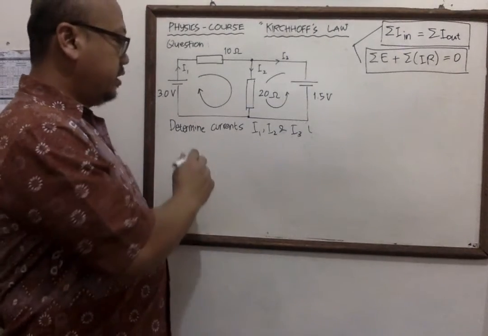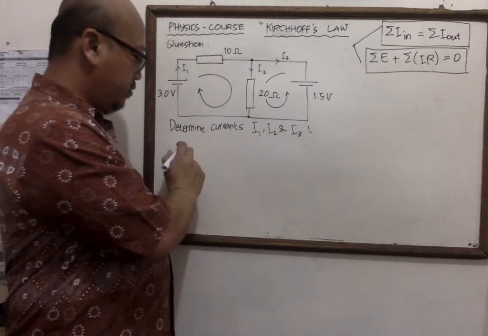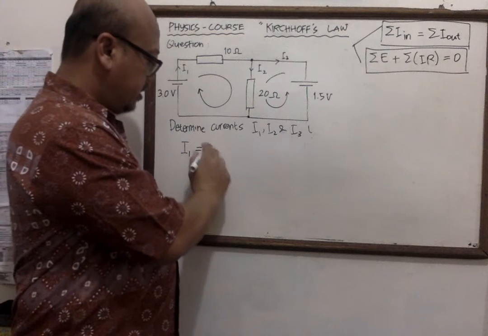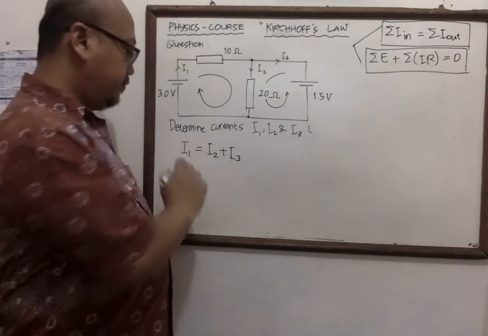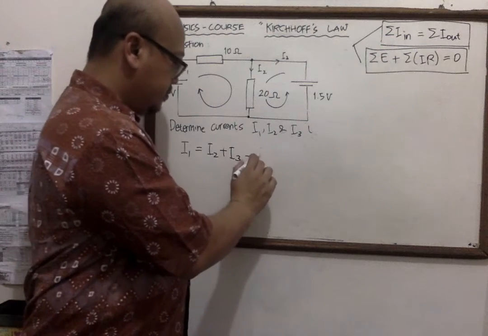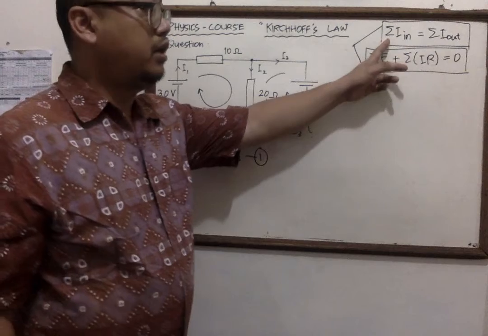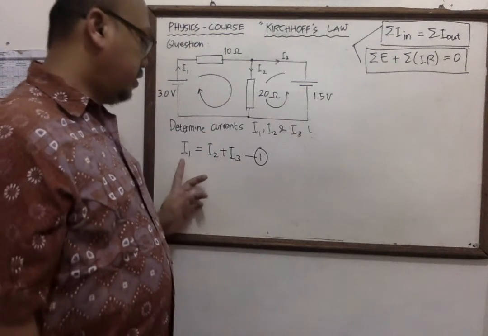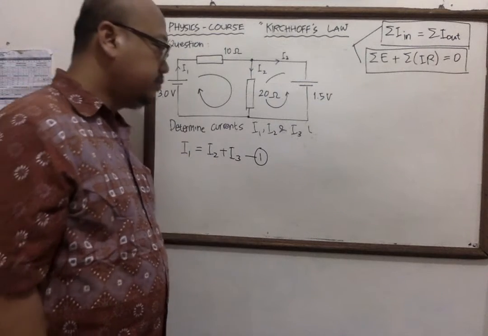The current in is I1, and the current coming out is I2 plus I3. Okay, we have one equation from this law: I1 equals I2 plus I3.